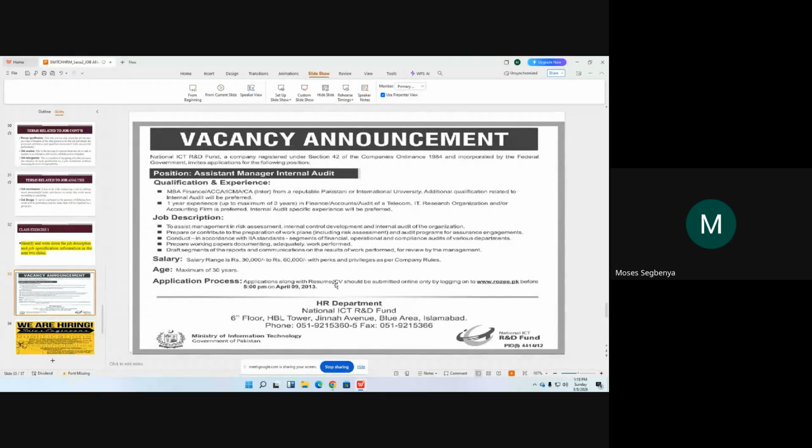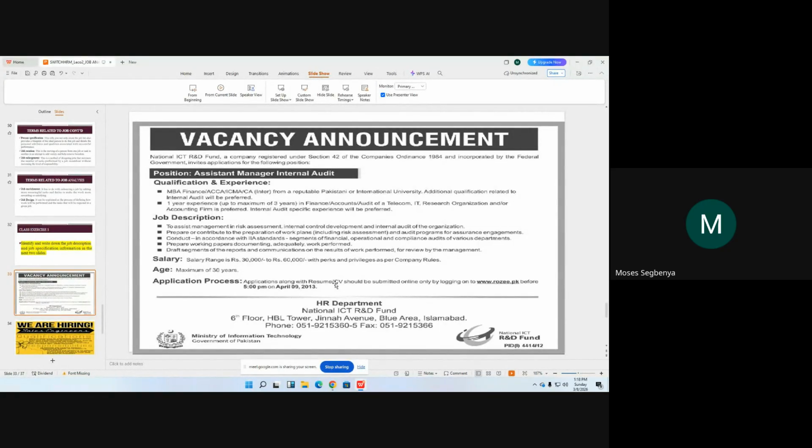After the position, the next thing was qualification and experience, and everything there relates to the job specification. Then it is followed by the job description, and you can see it there.